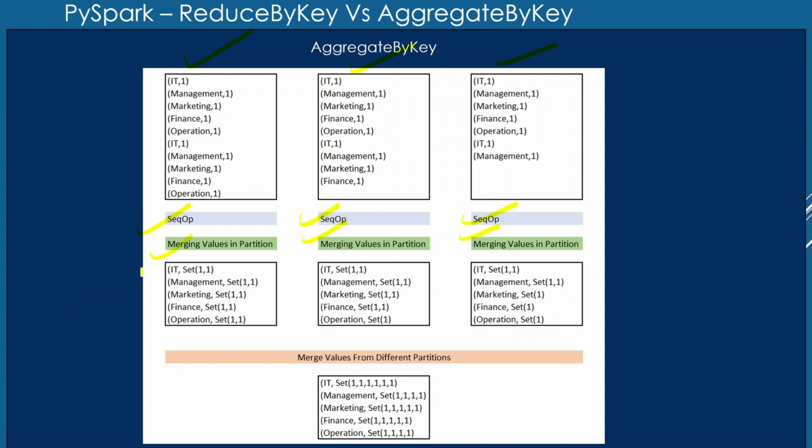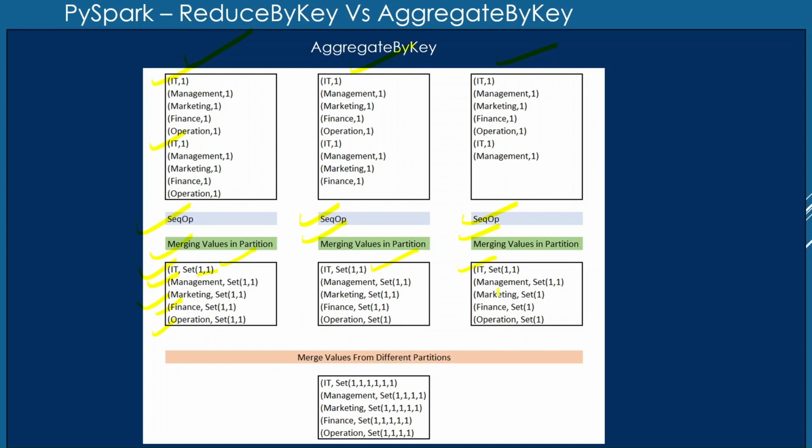After the merging, the values look like this: IT and its value, management and its value, marketing and its value, finance and operations. IT is the key. You can see there are two values, because in this partition there are two data points present for the IT key, and here it merges the values per key, so IT and its corresponding value. The same is happening here and here.